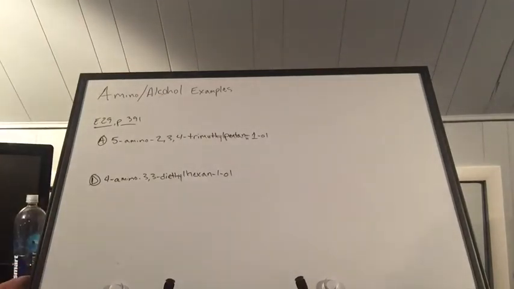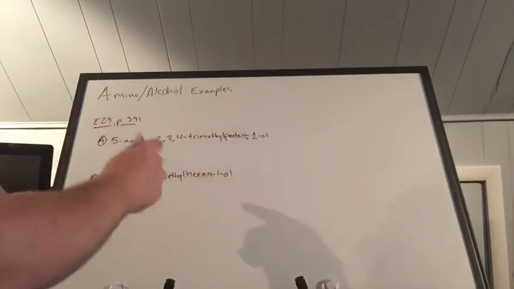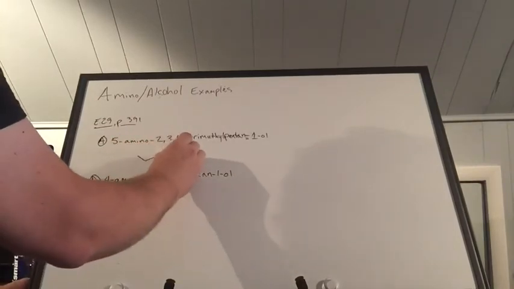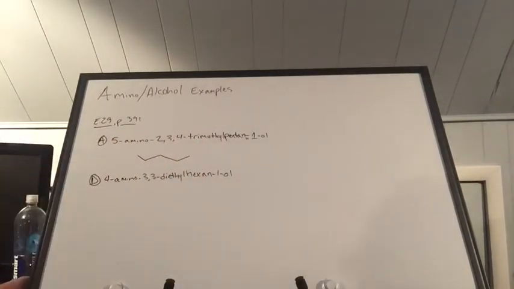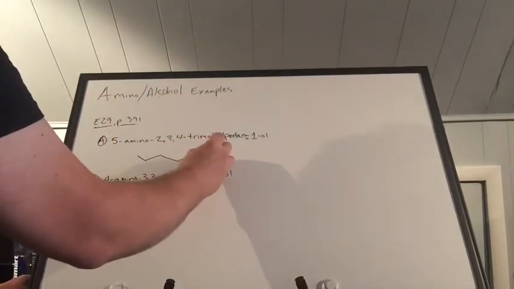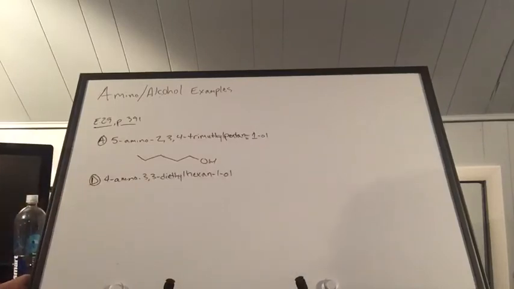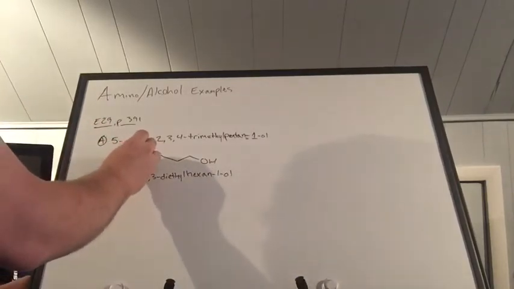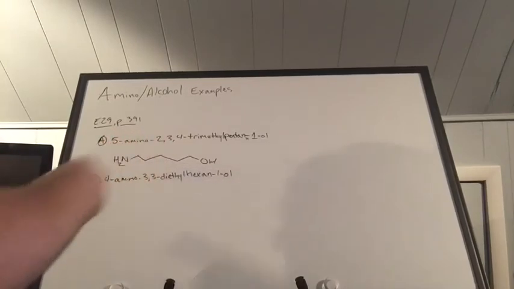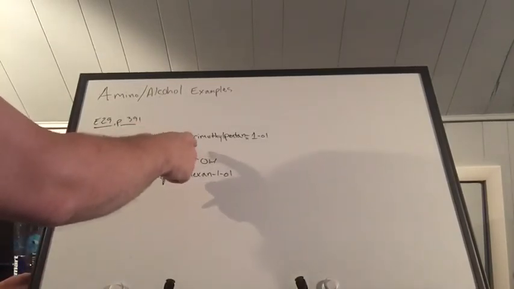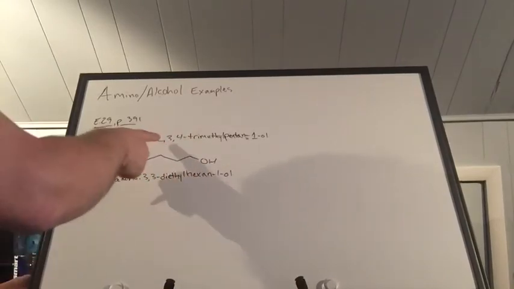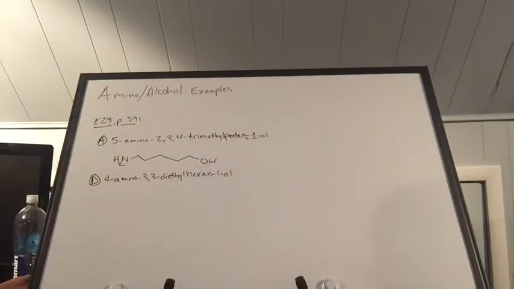combination within one compound. So pentane, which is going to be the longest main chain, so we'll put 1, 2, 3, 4, 5. Okay, 1-ol, so that OH group is just going to be hanging off the end. 5-amino, so that means it's going to be hanging off the other end. We have trimethyl.